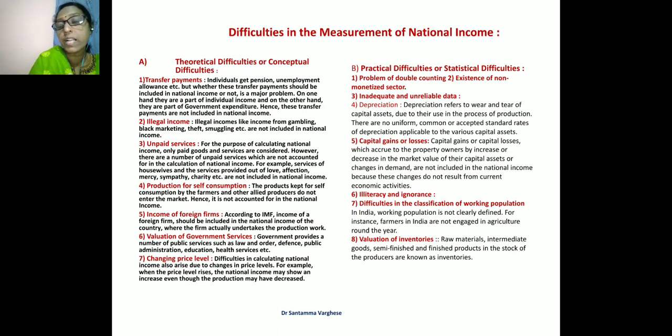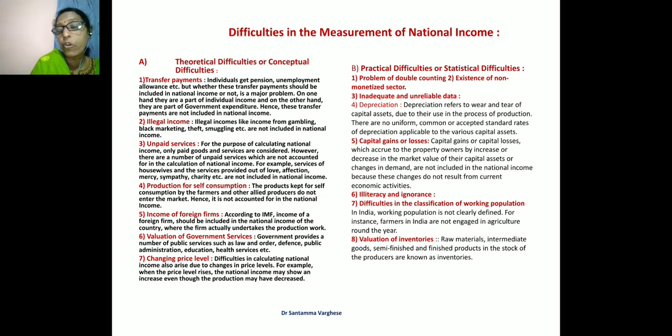Then production for self-consumption: while a farmer is cultivating, he keeps much of the produce himself. It is not calculated. If he produces 100 quintal of wheat, he may keep 50 quintal, or 10 quintal, for his own use. But that does not come in the national income. It is very difficult to calculate how much farmers keep.